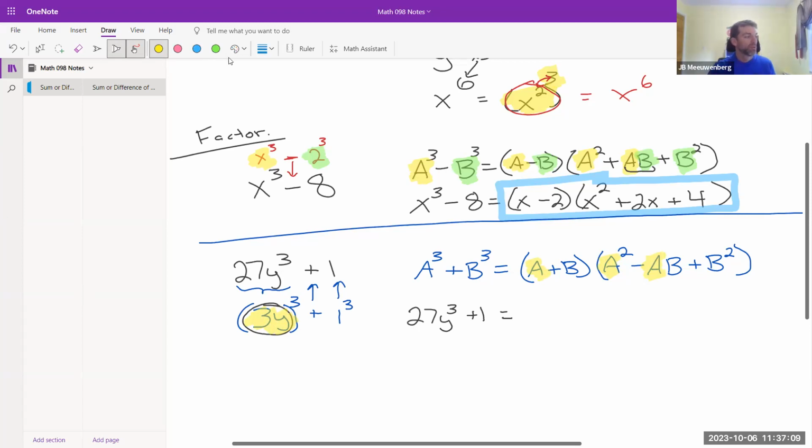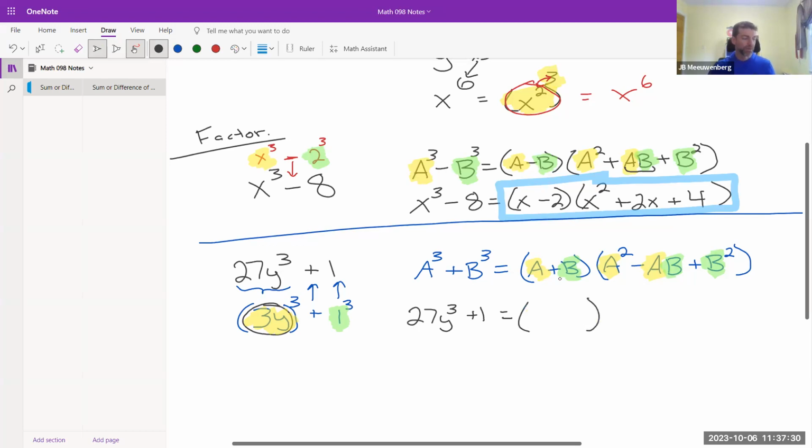And everywhere that we see a b, here, here, and here, we are going to substitute in a 1, because that was the base, 1 cubed. So let's do it. In fact, if you want to try and pause this and try it yourself first, go for it. I'm going to keep going.